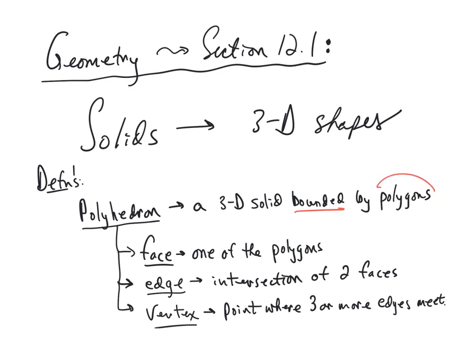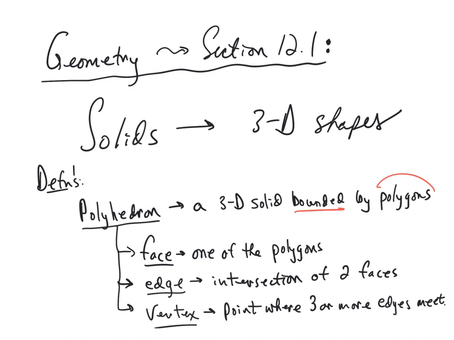Now remember, a polygon, we've had that definition now for a long time, is just a two-dimensional shape that's formed by line segments. So we have straight line segments that make up a polygon.